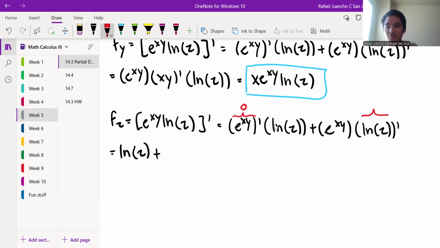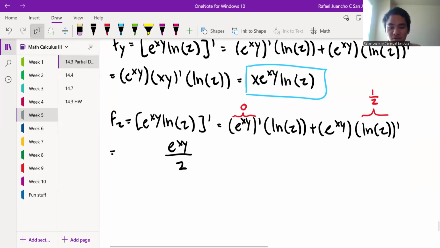So I actually just get e to the xy over z. Okay, looks like since this is 0, then I just take this out completely, because anything multiplied by 0 is 0. So I actually just have this as my final answer.